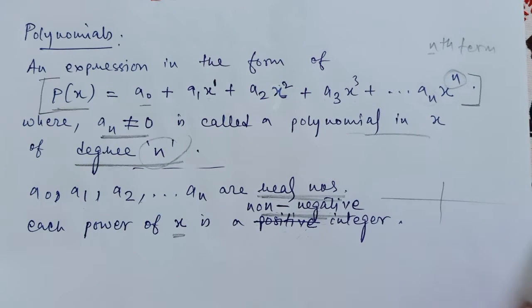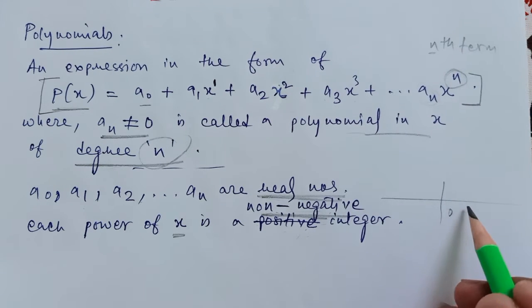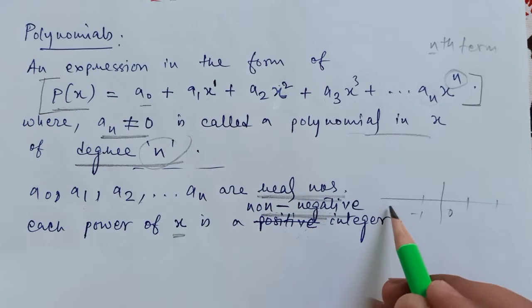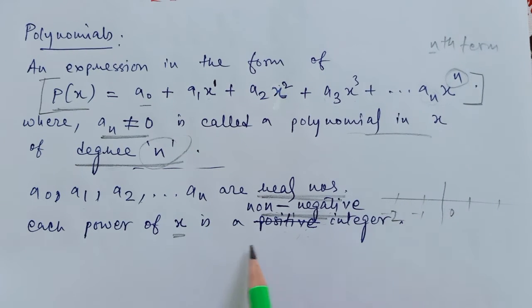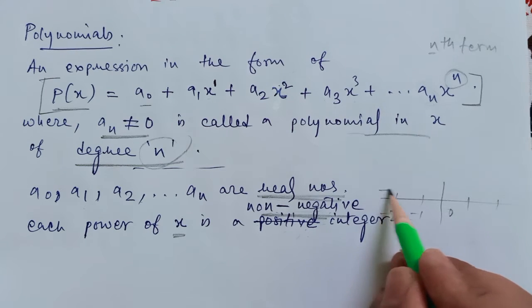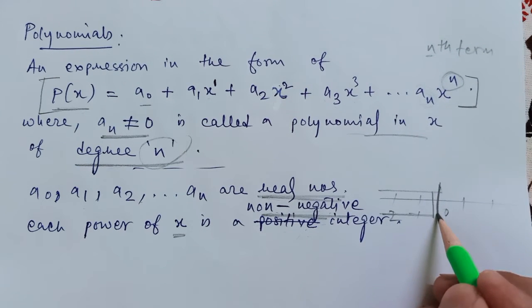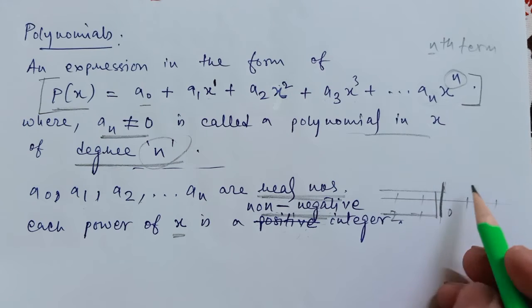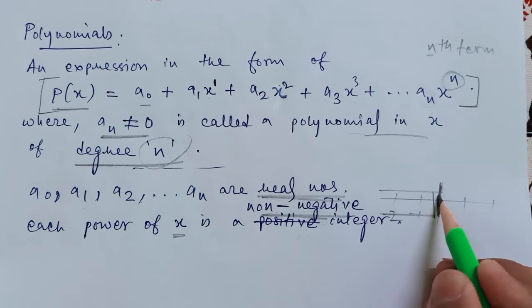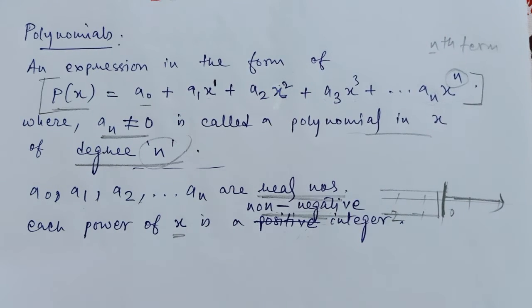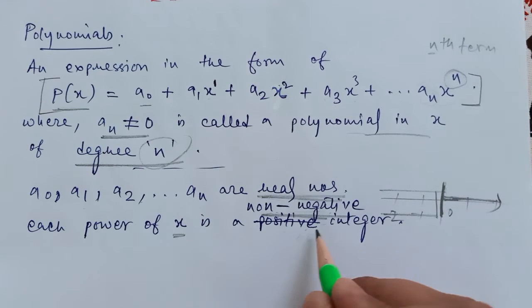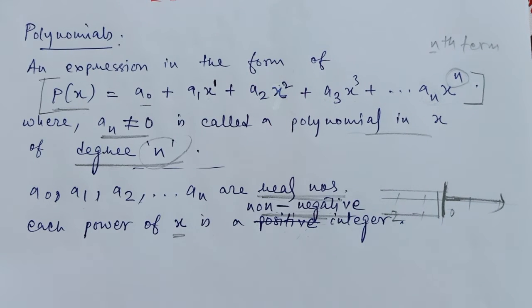If you take the number line with 0, 1, 2, and minus 1, minus 2, the negative portion should be omitted, but you can of course include 0. So it goes from 0 to positive infinity. So I have written non-negative in place of positive because we are including 0.